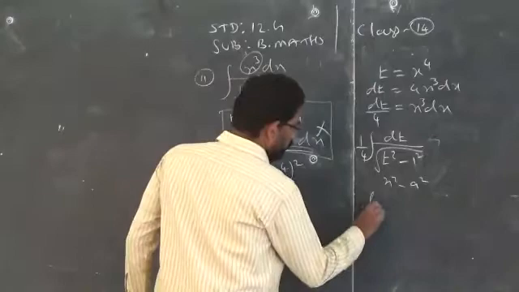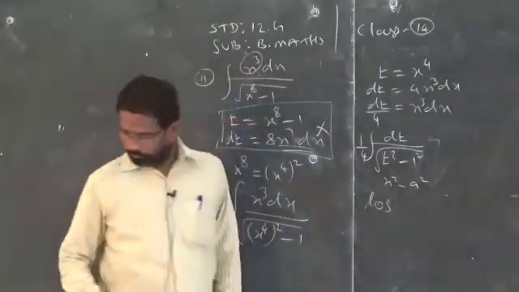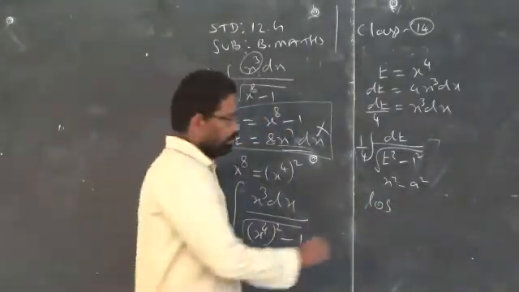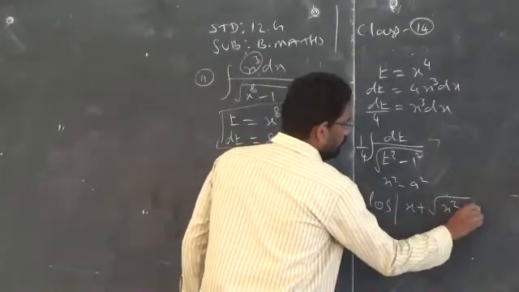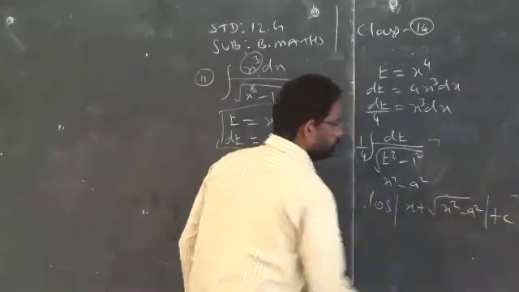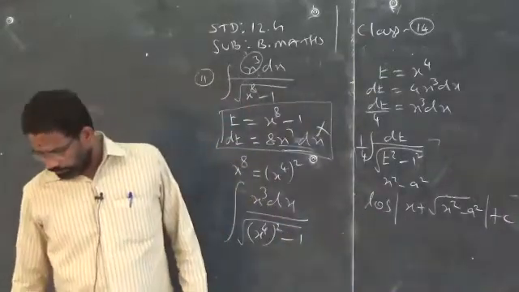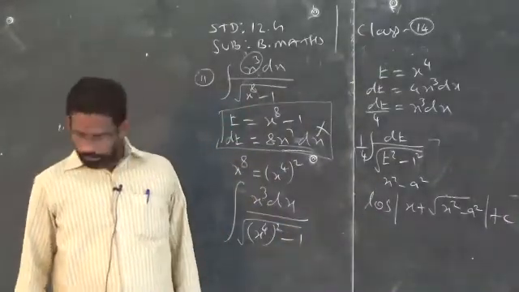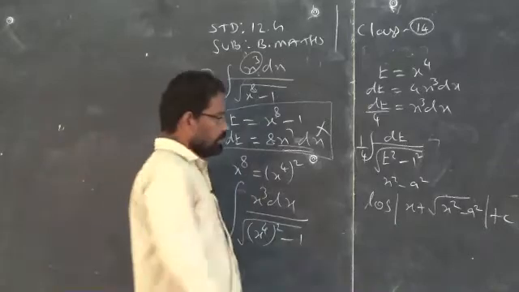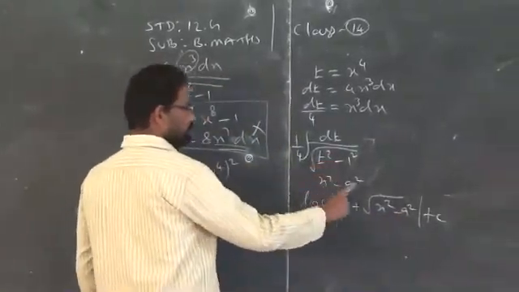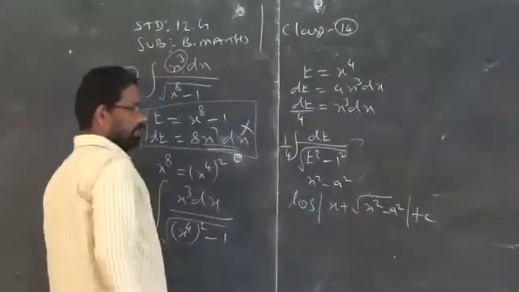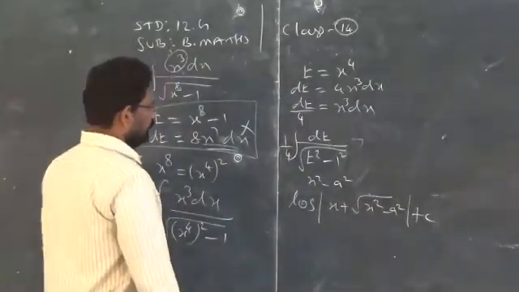Log modulus of x plus square root of x square minus a square plus c. This is the formula for square root of x square plus or minus a square. If it is plus, then what will come here? Plus. I told you in the previous class itself.